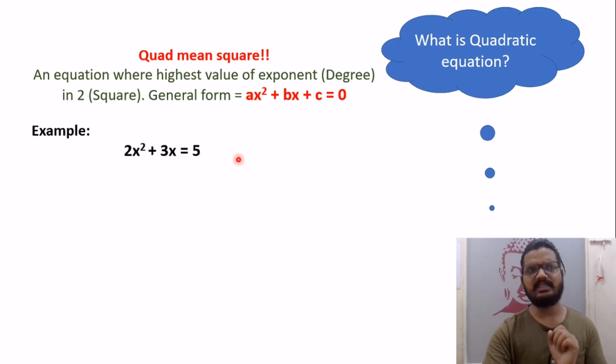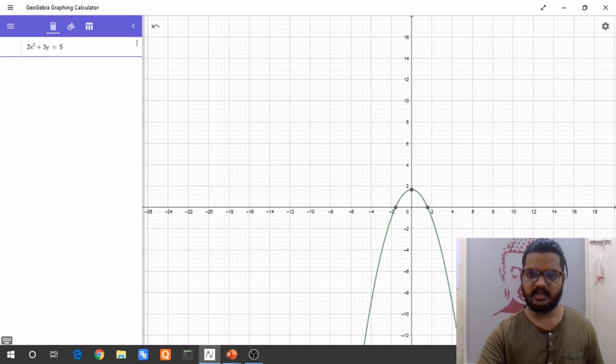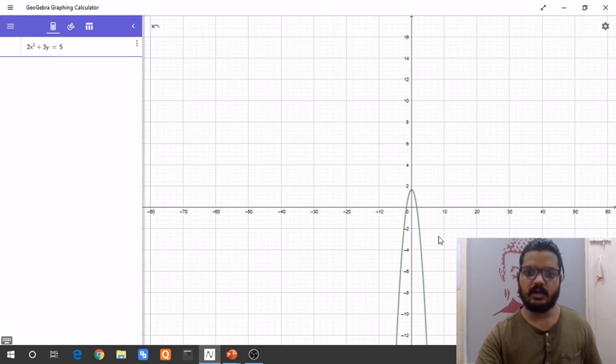Now how will its graph look? Do you want to see that? How the graph will look? So students, if you try to observe this one, you'll be able to see that this is not a straight line. This is a curved line, correct? Now let's observe this curved line.